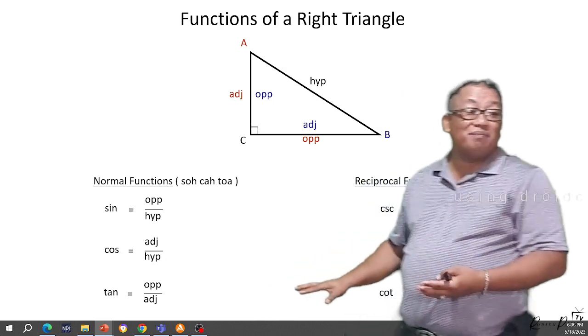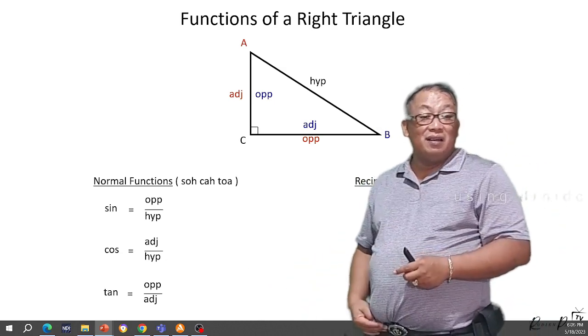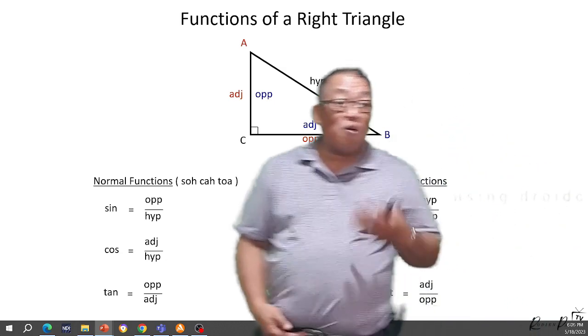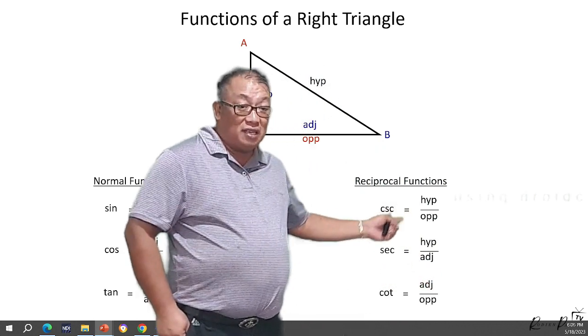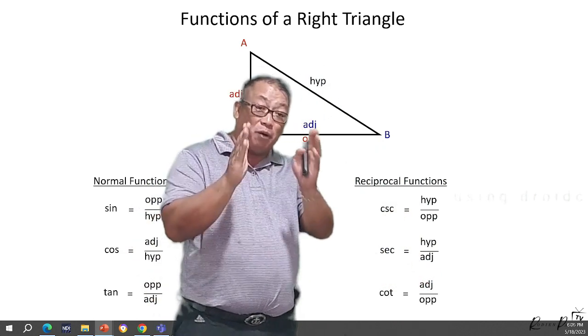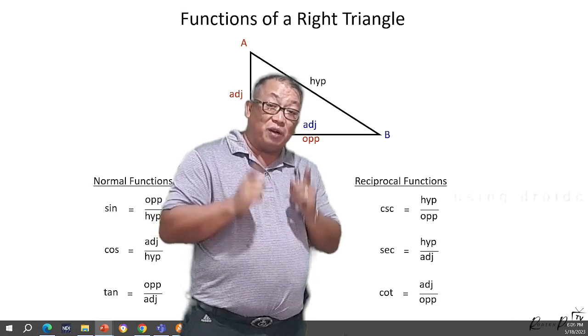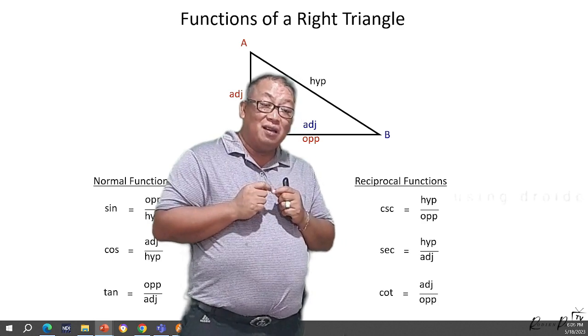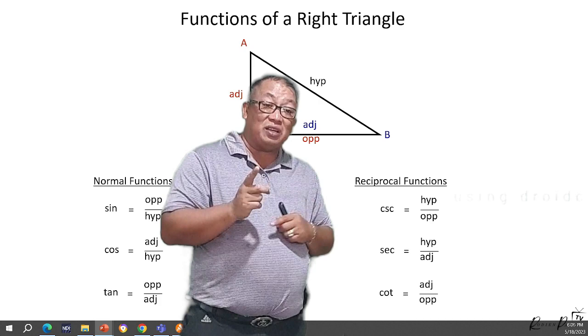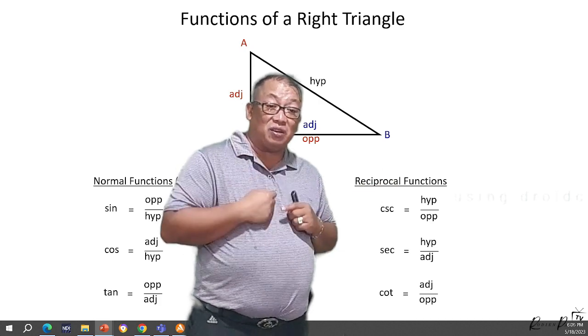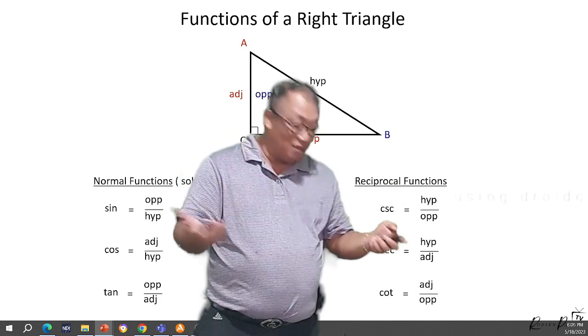I just solve it by transposition. Tangent is always opposite over adjacent, but adjacent over opposite is cotangent. For the purpose of terminology, sine and cosecant are opposite each other. Cosine and secant are opposite each other. Tangent, cotangent. Easy.